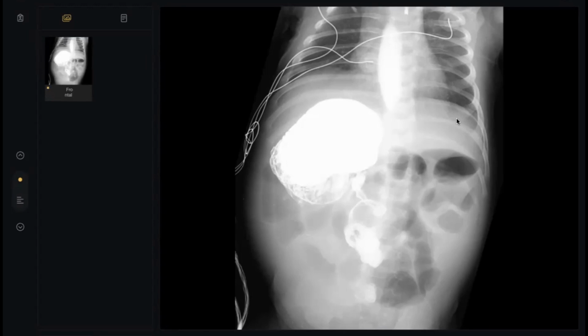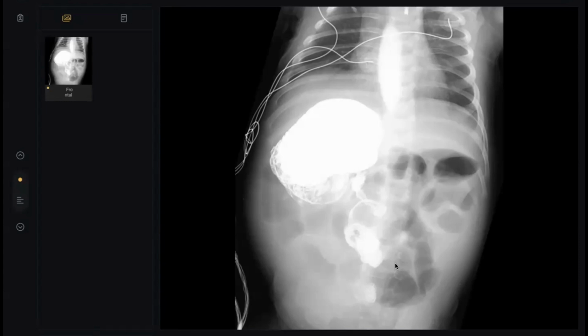Okay. What else? It has a specific name. See, when the contrast is in the esophagus, we give it a specific name: barium swallow. When the contrast is in the stomach, it is barium meal. But when the contrast goes down in the small bowel, it is barium follow-through.